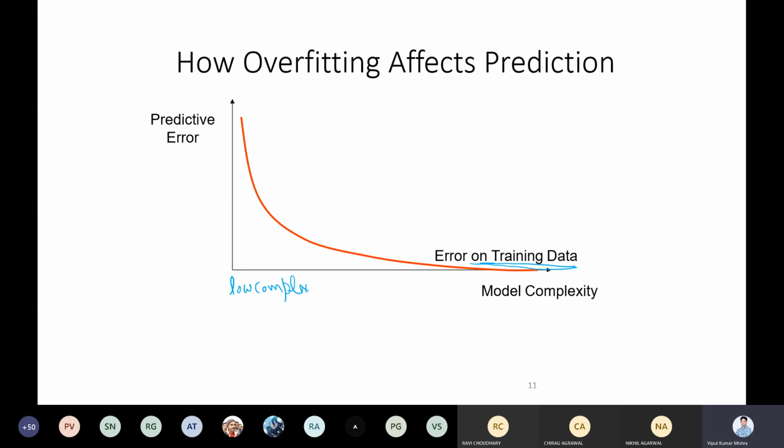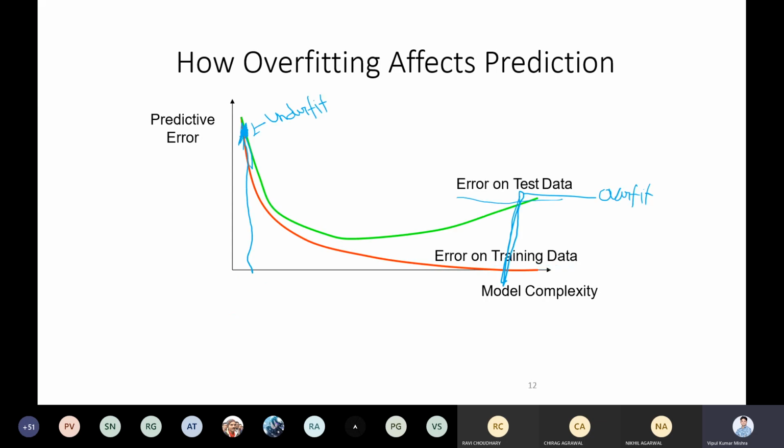So we have seen that if you have a low complexity architecture or model, then your training error will be higher. As you increase the complexity of the model, your training error will go lower and lower, right? But if you look at the testing error, as you increase the model complexity, definitely the training error goes low, but after a certain point your test error is going to increase.